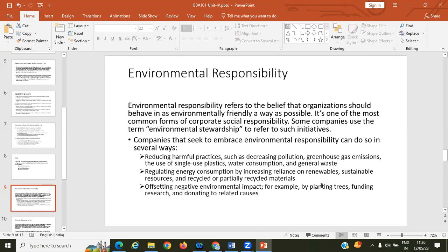So these are adding value to the environment, adding value to the company. So these are environmental responsibility as part of corporate social responsibility. This is a very common way that companies can adapt.